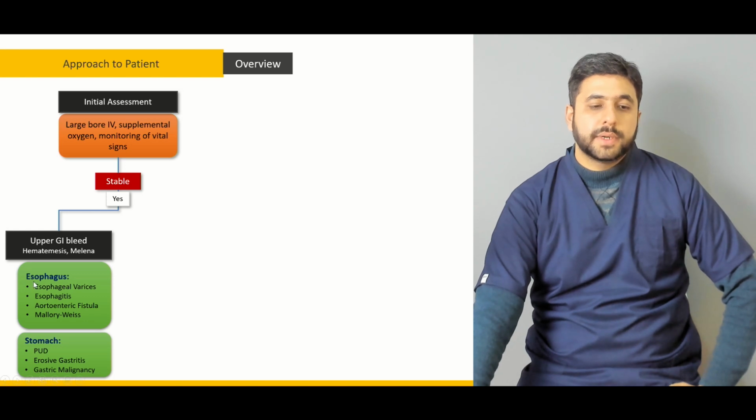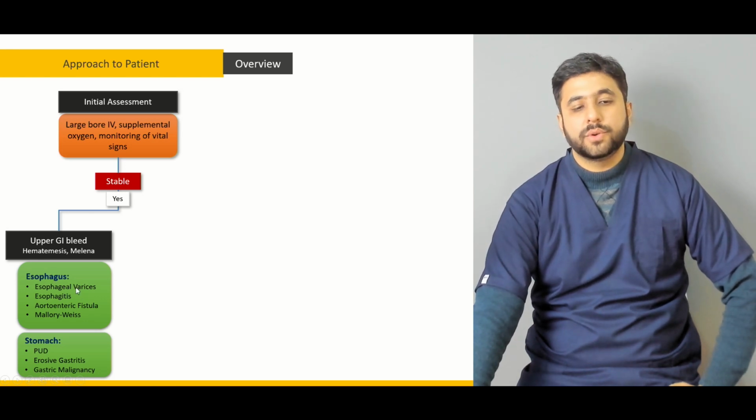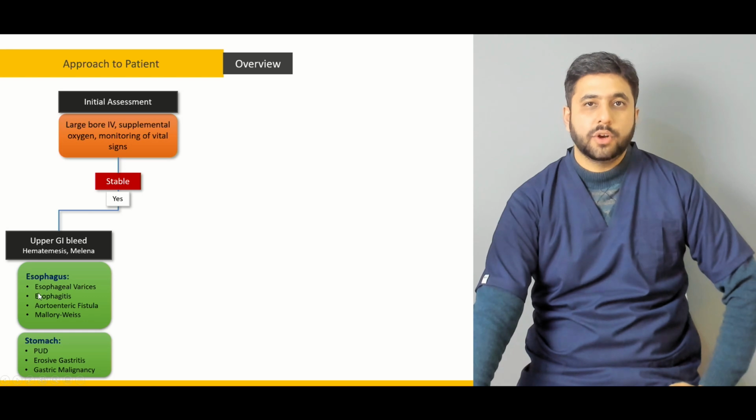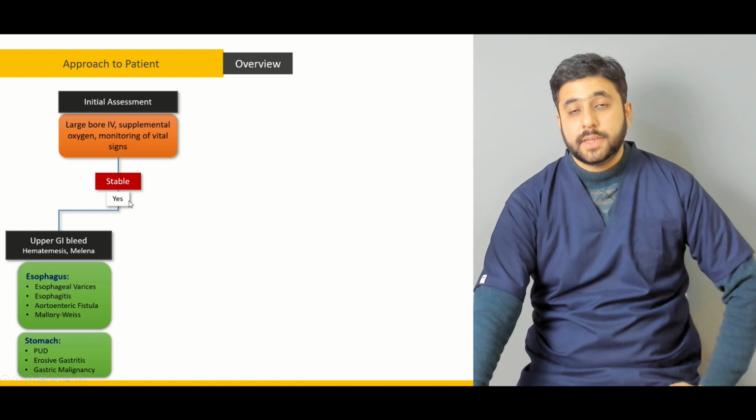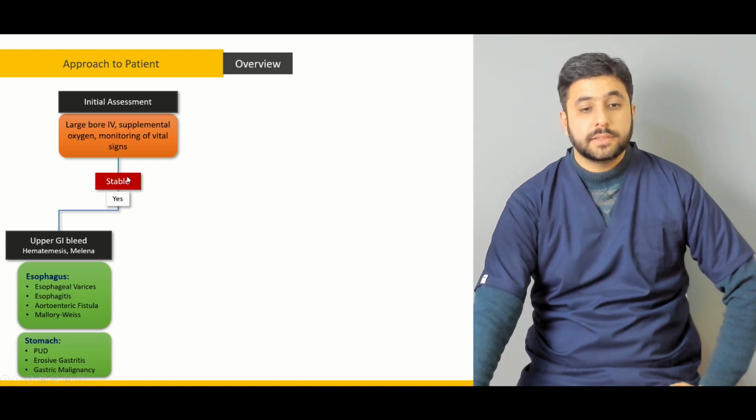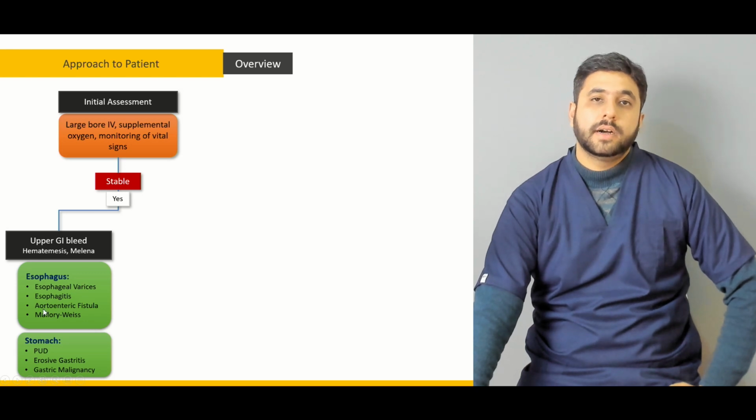But anatomically, if we go from the mouth and scope the patient, do endoscopy, in the esophagus we have to rule out esophageal varices, because it is a fairly common cause and it can cause some life-threatening bleed. The patient might be stable at presentation, but these patients with esophageal varices can bleed to death, and they can transform from being stable to unstable in a matter of minutes.